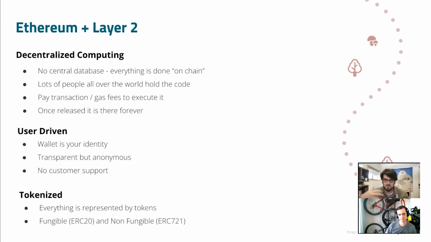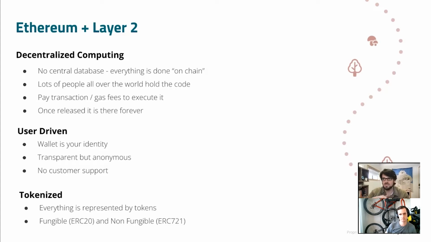You don't have a central database like you would in Web 2, where it's all stored in the server room and everything is run right there. Instead, you create code, and then lots of people all over the world have that code, and it can be executed and validated by anybody on the network.